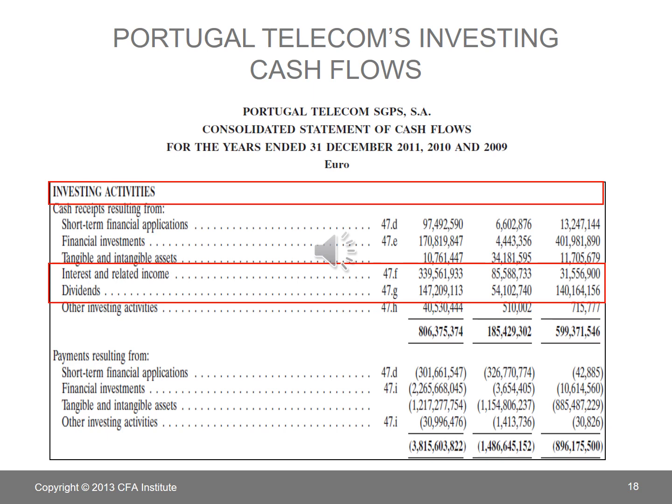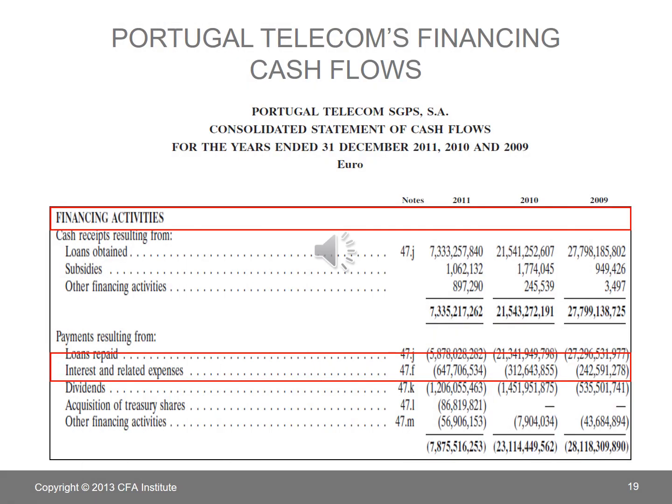And this excerpt in front of you is from Portugal Telecom's statement of cash flows, and it shows the choice to report interest income and dividends received in investing activities. Now, investing cash flows from continuing and discontinued operations are presented separately but not shown here to make the slide more readable.